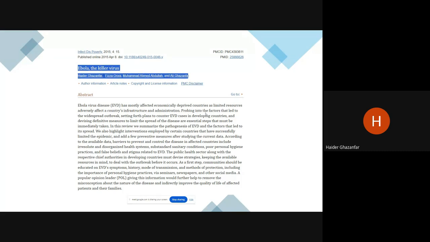So timing is also important, and choosing the topic matters a lot if you are going to write an article regarding some infectious diseases. Because later on, after 6 to 7 or 12 months, more people will start writing review articles on that topic, and then it becomes really hard to get it published.